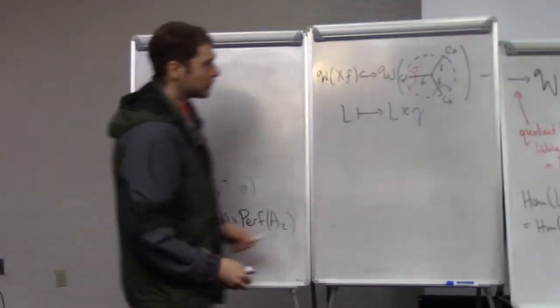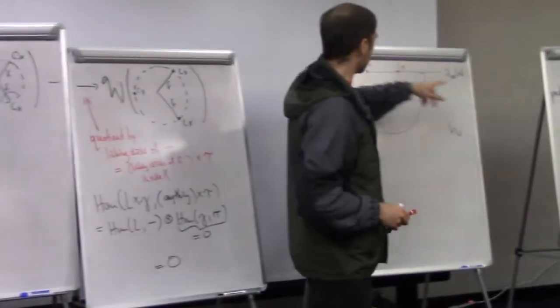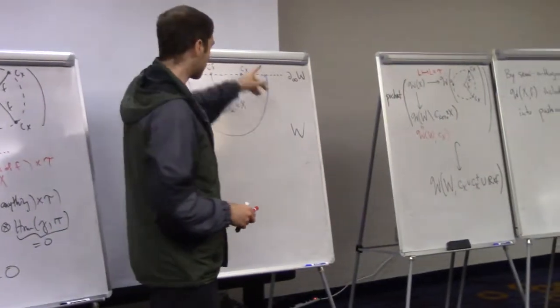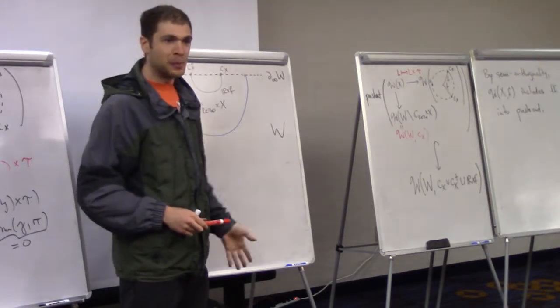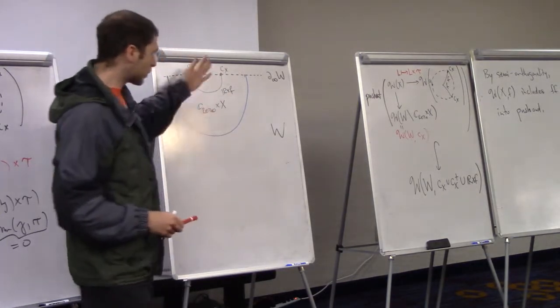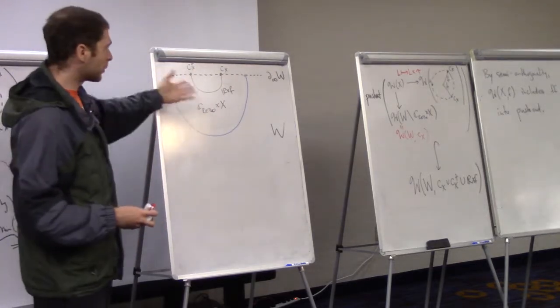If you have Lagrangians in W which are disjoint from the blue hypersurface you're cutting along, then they're obviously in the image of this map. But if you have some general Lagrangian which passes through the blue guy, you need some sort of argument to show that it's hit.